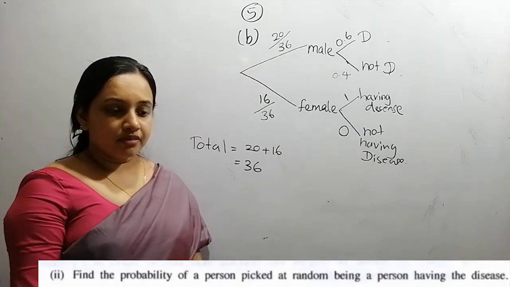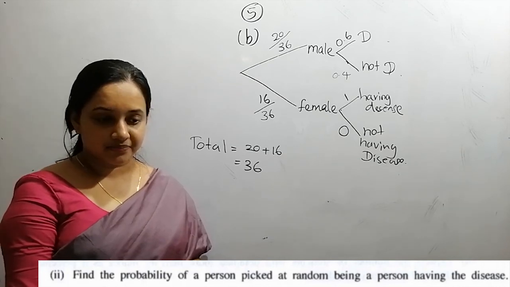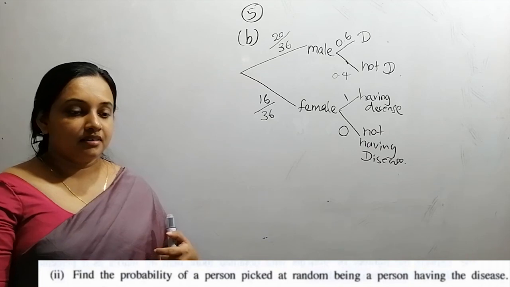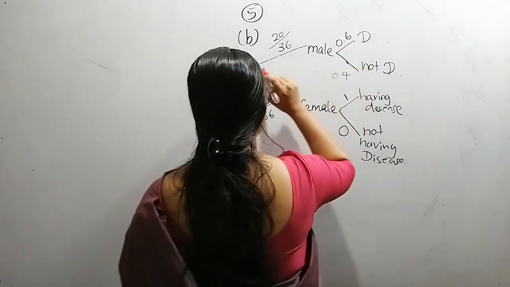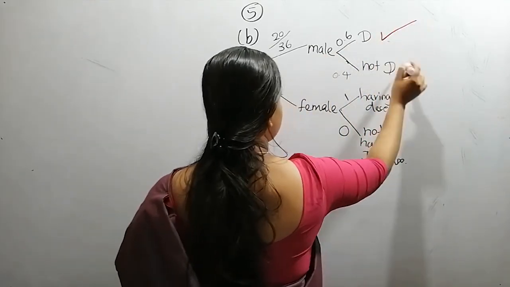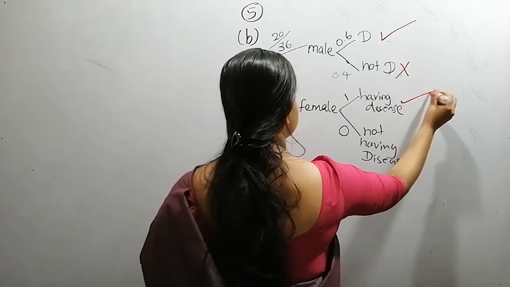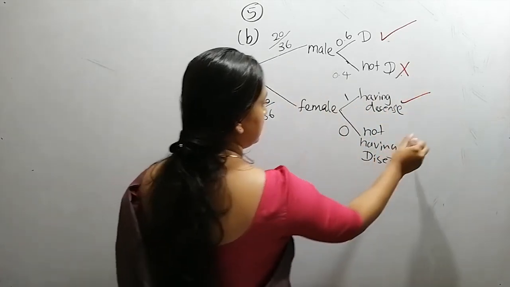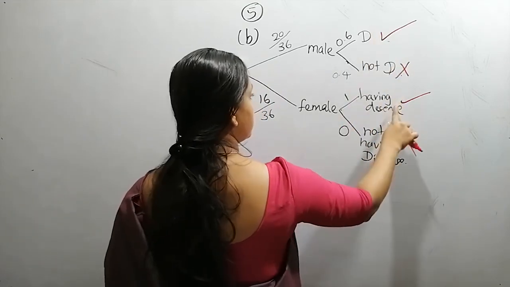Find the probability of a person picked at random being a person having the disease. Having the disease means from this line, and not having the disease from this line. Then we have to find the probability of these two.